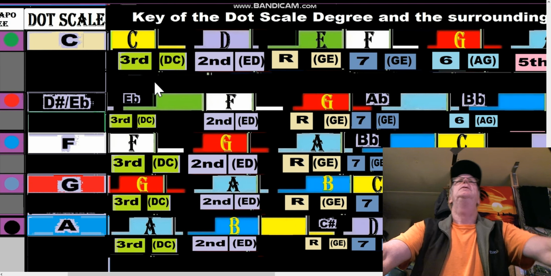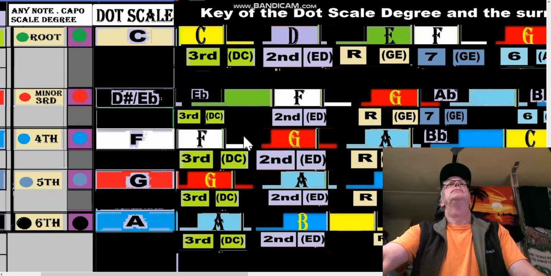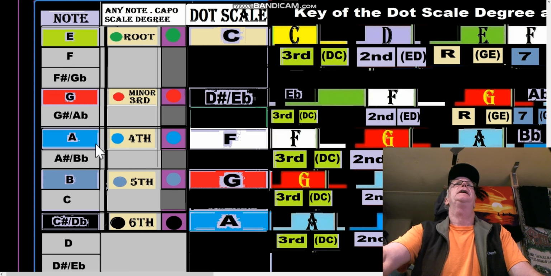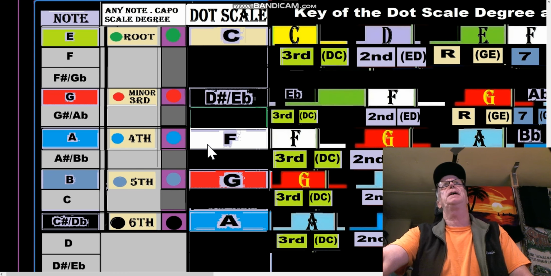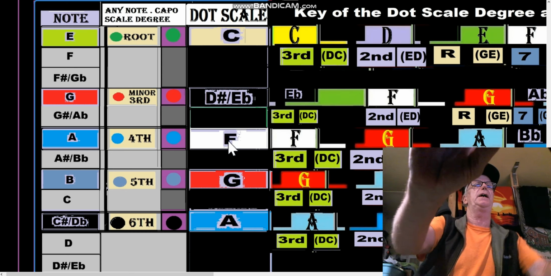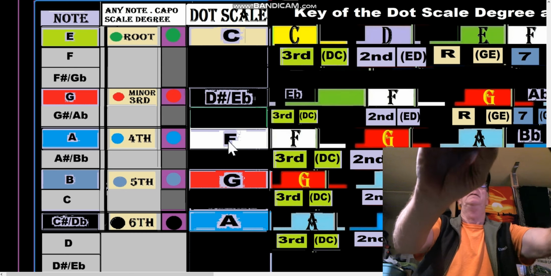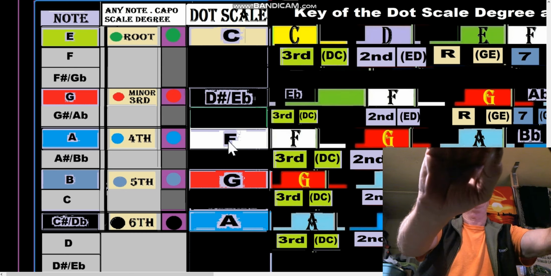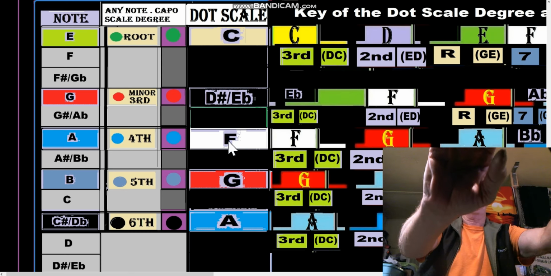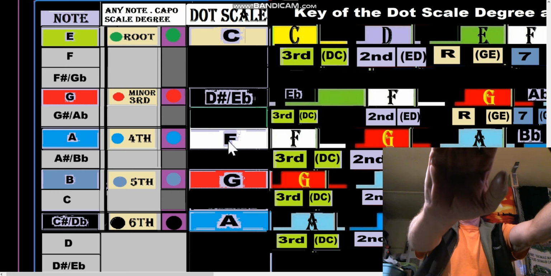So let's look at the A dot. The dot scale for the A is the F. The A dot is a third of F. The A dot is the second of the key of G, et cetera.